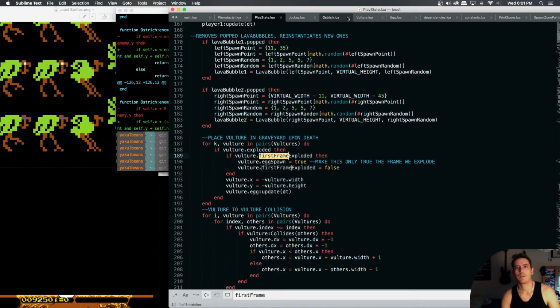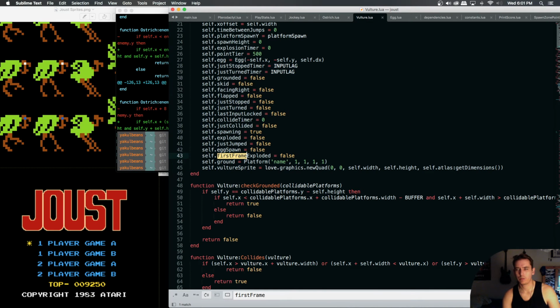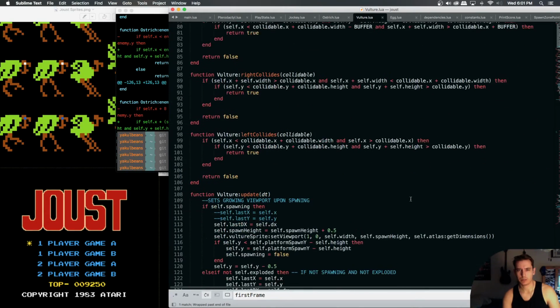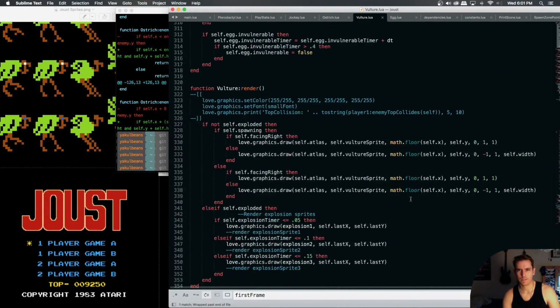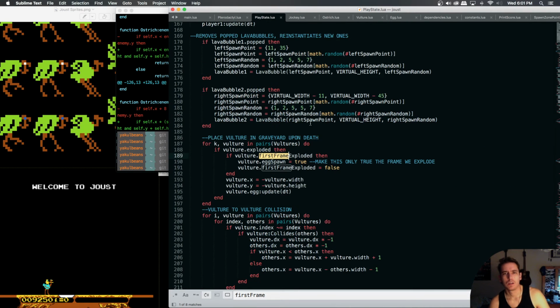What the heck? We really don't have a first frame exploded in our vulture update logic to do anything. So why do we even have it? We have it so we can trigger the egg spawn.